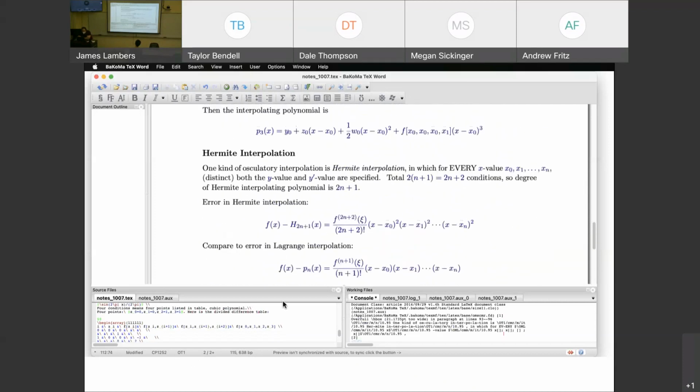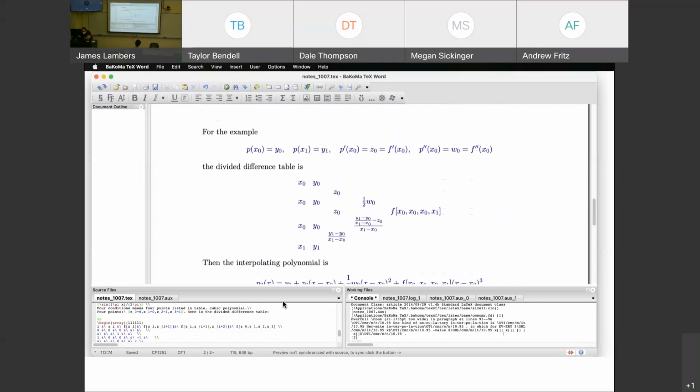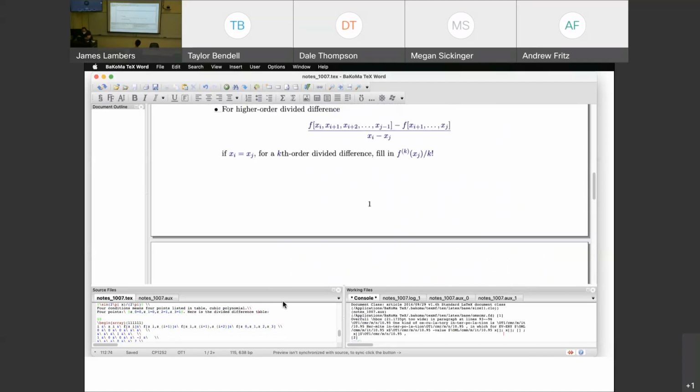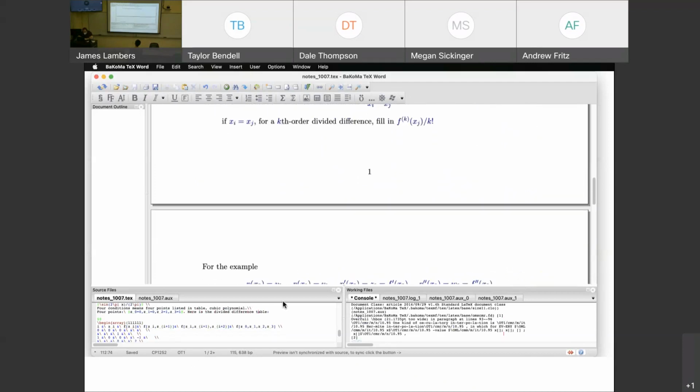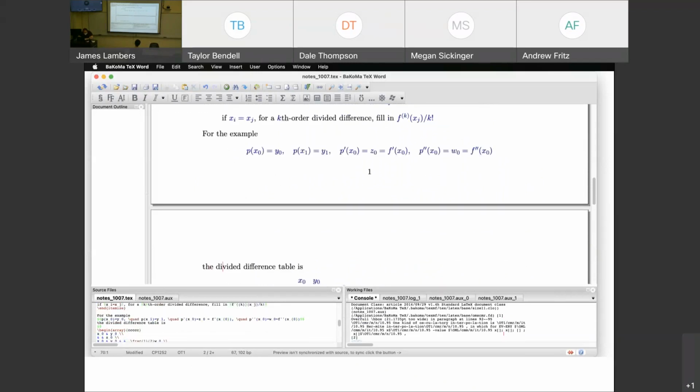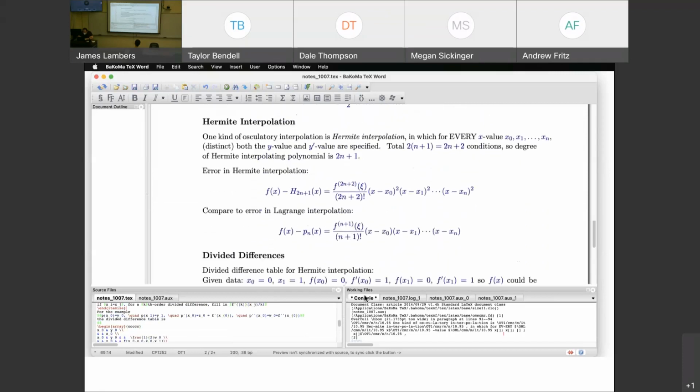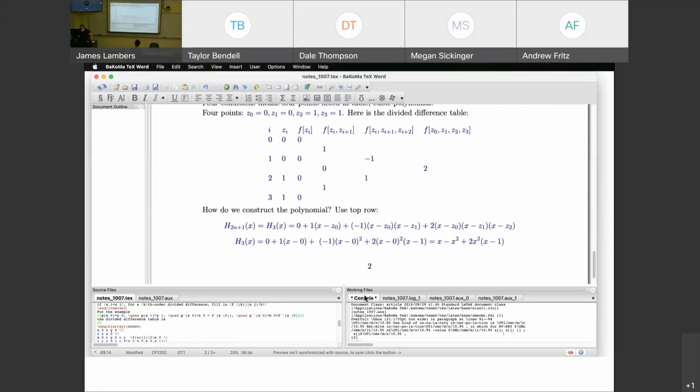LaTeX does not want to cooperate with me. Okay. Actually, I think what I'll do, I'll remove this. Okay. There it is. Okay.